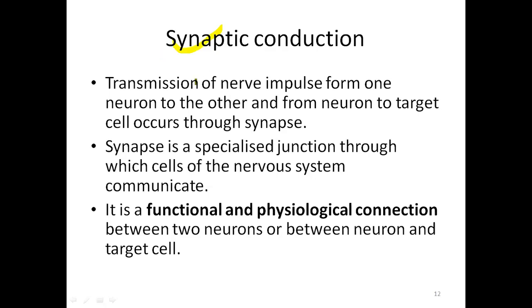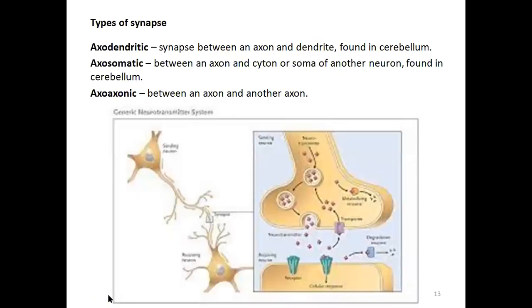The physiological connection that occurs between two neurons is what we call a synapse, and through this synapse the conduction occurs. This conduction is in two forms. When we talk about the synapse, there are different types of synapse depending on which parts have been connected.